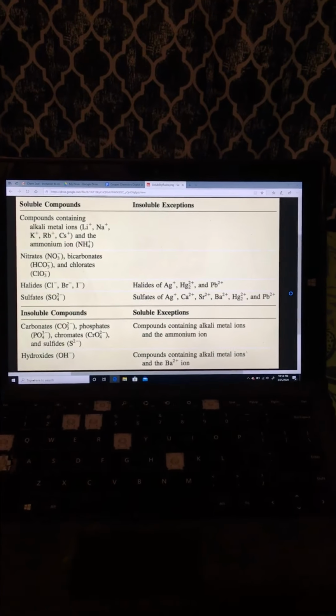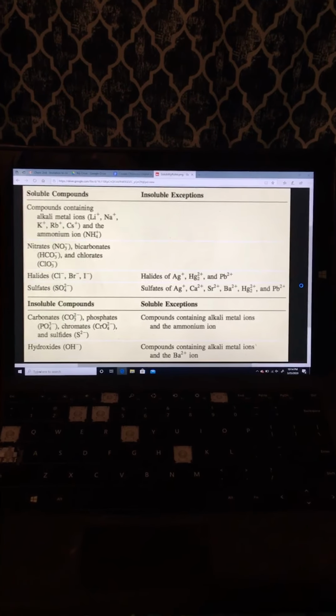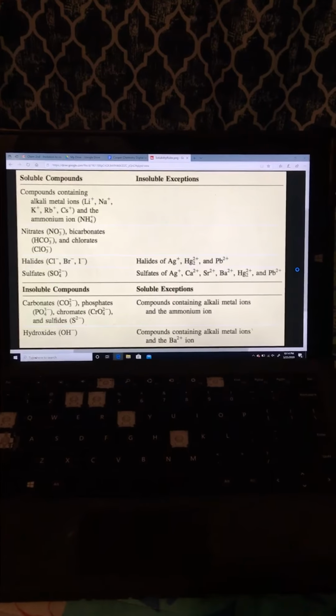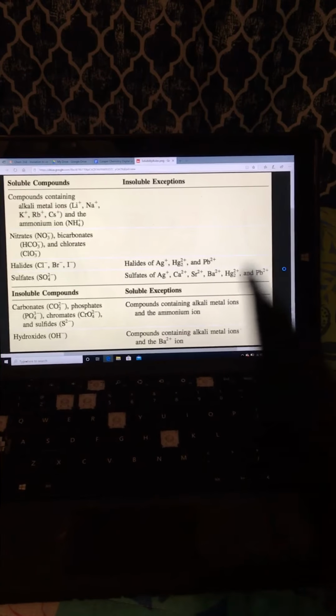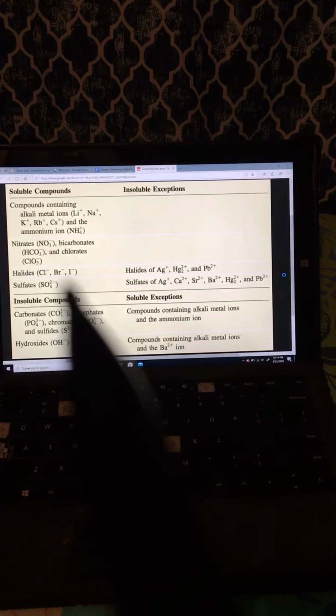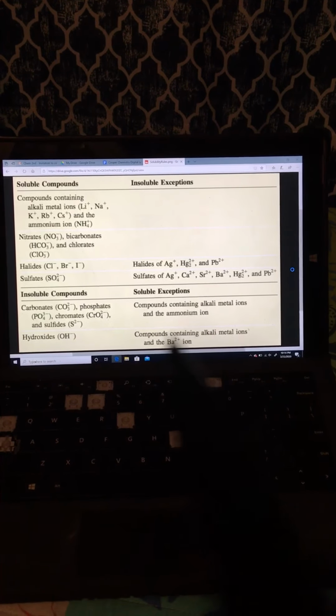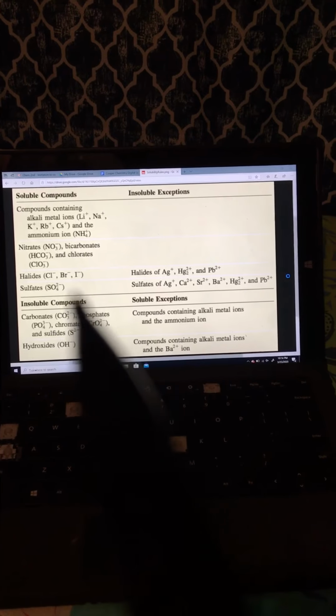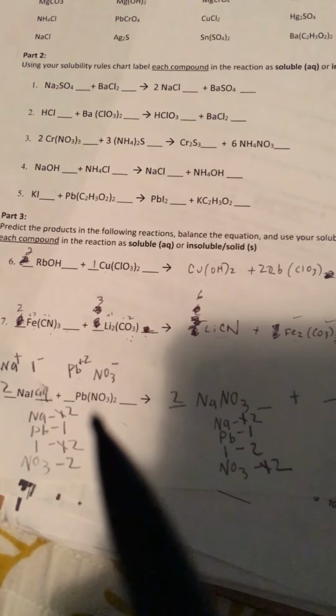PbNO3. Is there anything up here about Pb? I see something right here about Pb's, but there's not a halide attached to it. There is a rule about nitrates though. So our product right here was PbNO3.